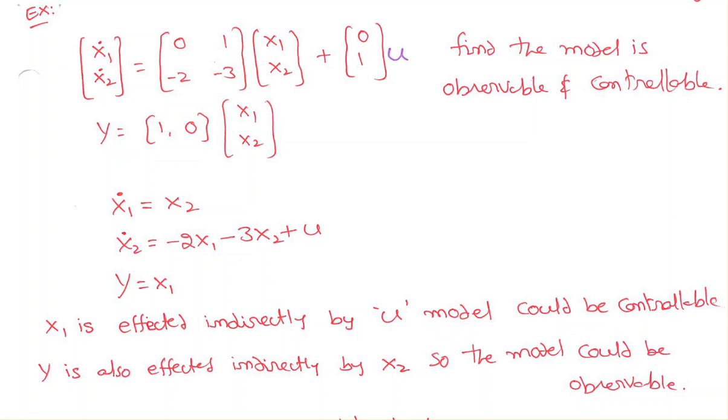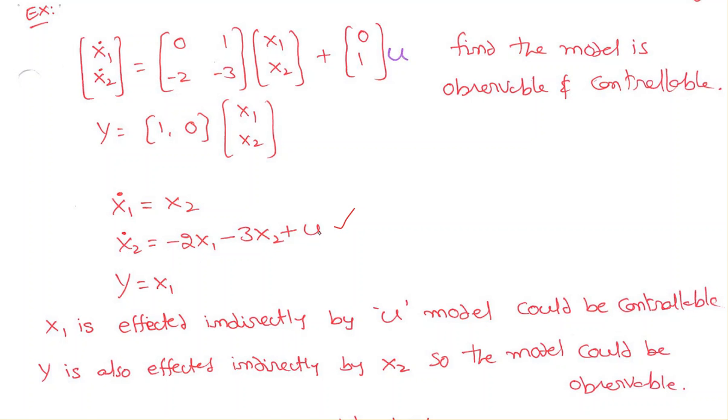Okay, here is another example. x1 dot equal to x2, x2 dot equal to minus 2x1 minus 3x2 plus u. So here x2 dot definitely depends upon the input, and at the same time it also depends upon x2.